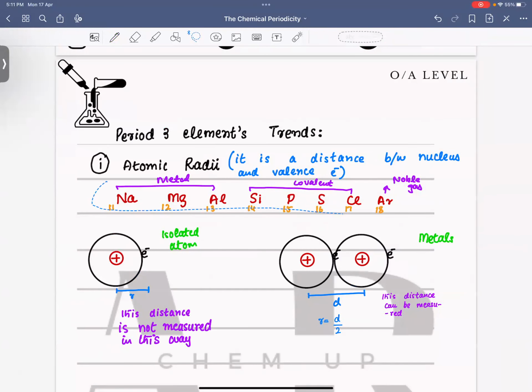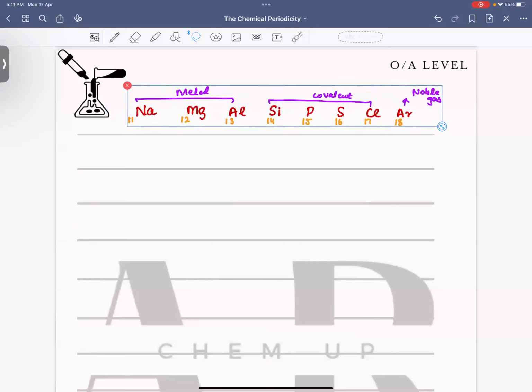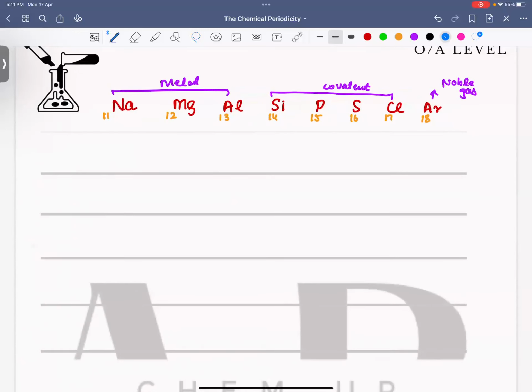Okay, good. So the atomic number refers to the number of protons.